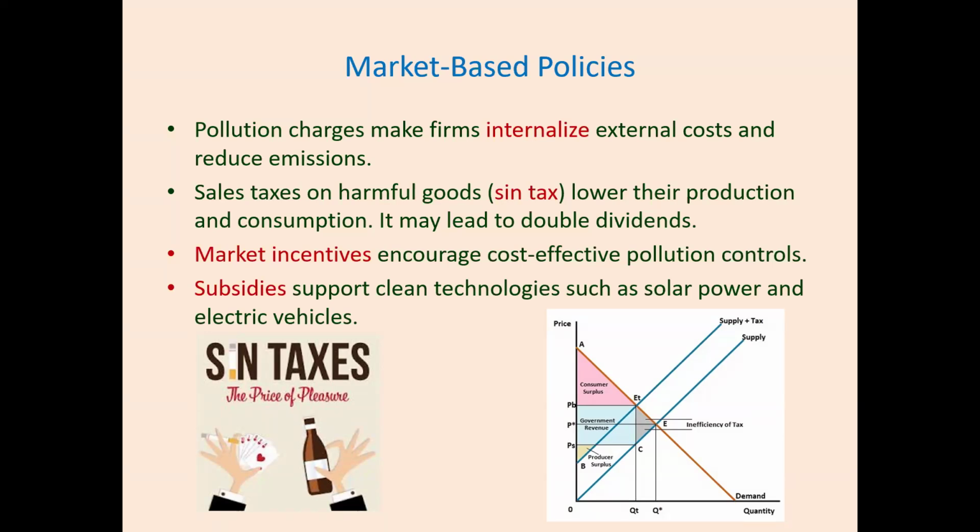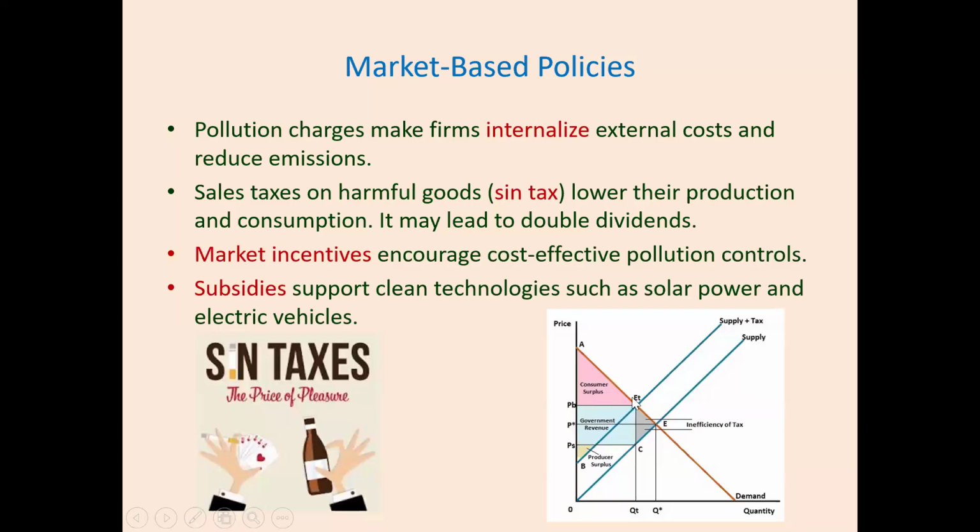If we look at the graph on the bottom right, we see once again the supply, but now we have supply with a tax. So now companies like cigarette producers or alcohol producers have to account for that tax when they produce, and it increases their cost of production. The government collects a certain amount of revenue, which is denoted by the area in blue.